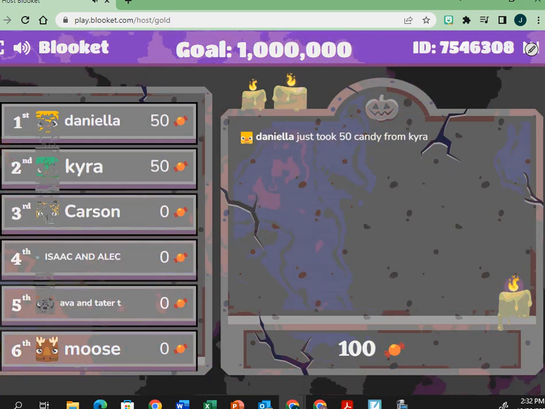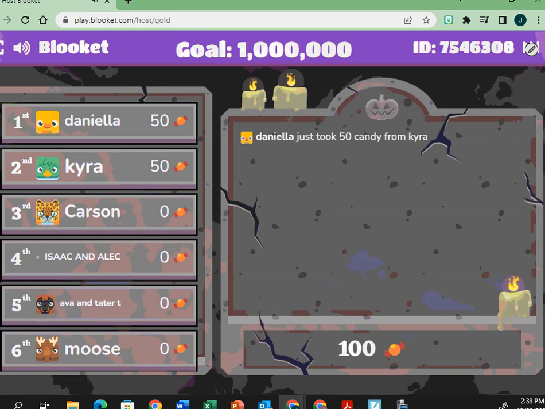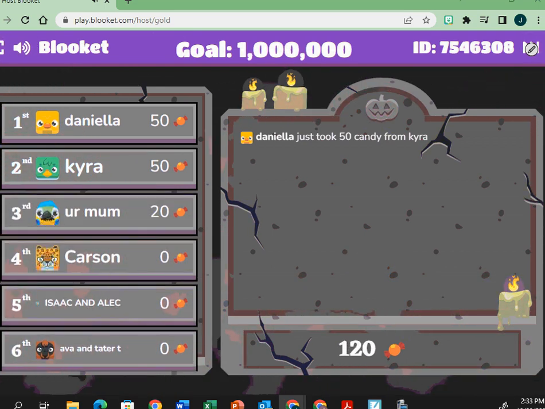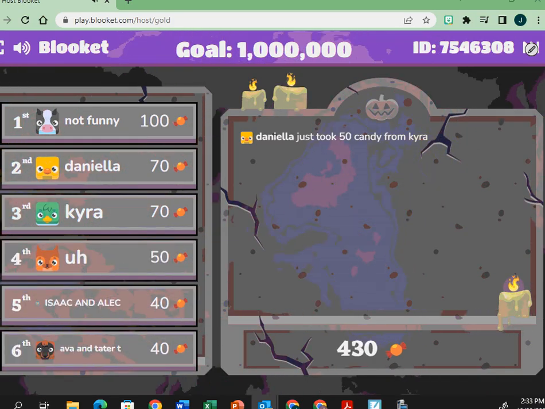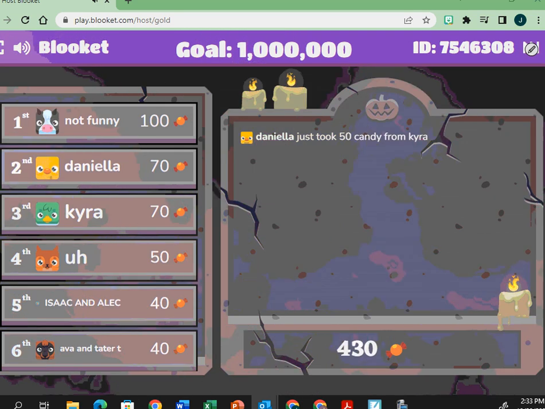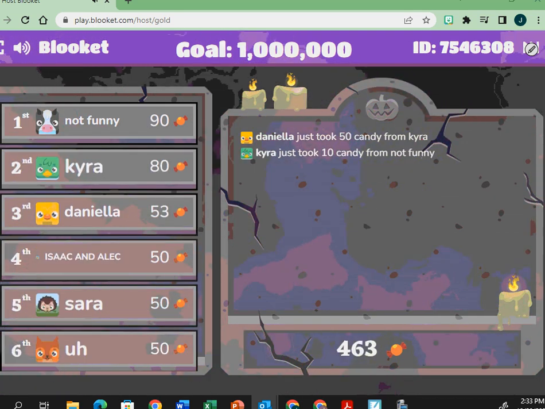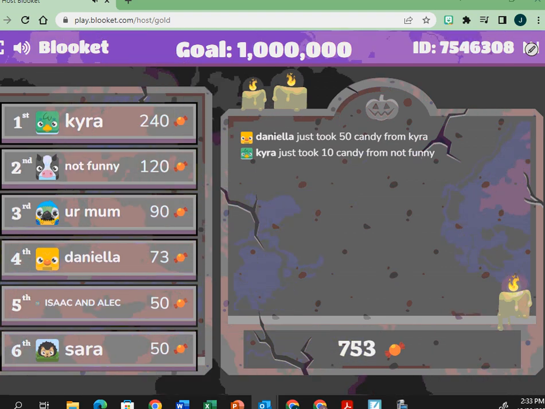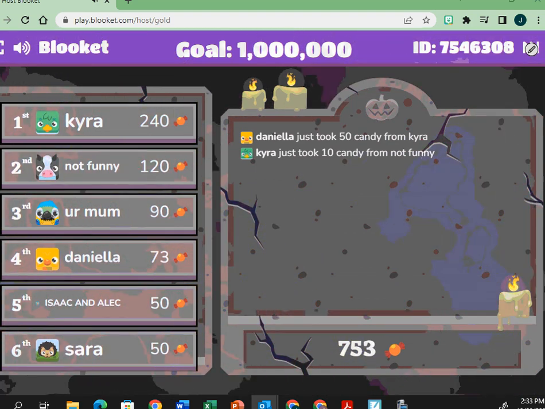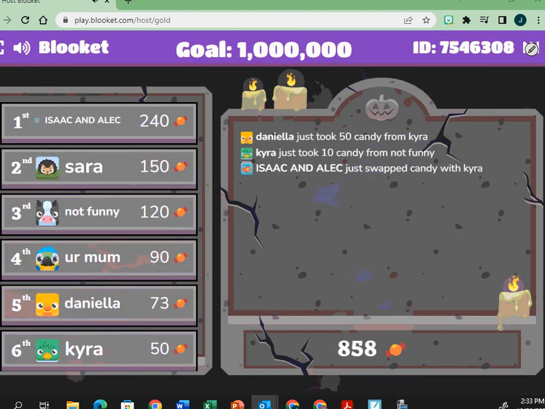What is an S? That would be a letter. Oh my gosh, we're first. 40 candy, finally. Doesn't matter if I get no candies. 000 is still 000.